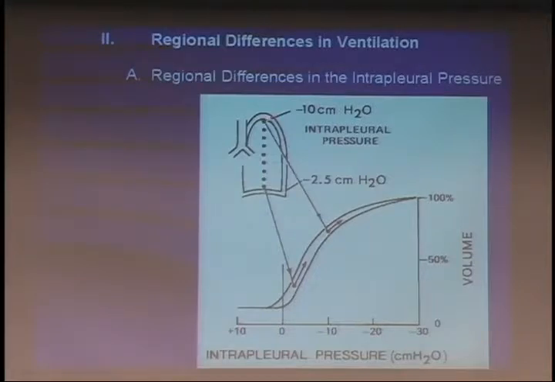Now, if we go up and look at the top of the lung, which has this -10 centimeters of water in the intrapleural space, that means that the top of the lung is operating from a different starting point on the pressure volume curve. So this point right here would be its starting point at about -10 centimeters of water.